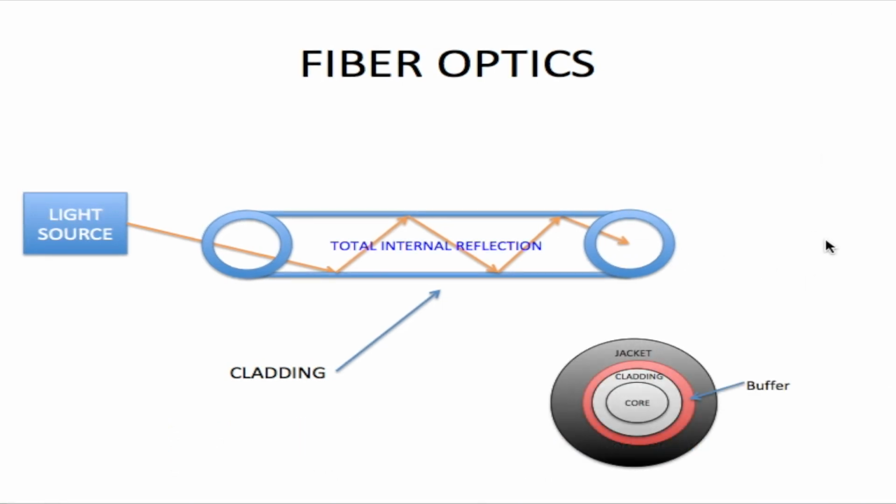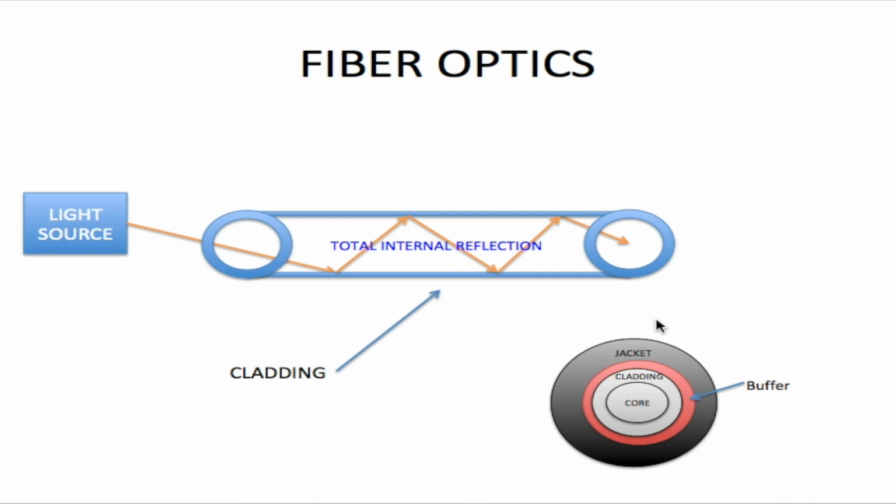Okay? On this slide, we have the cable we've just talked about with the core and the cladding. We talked about total internal reflection being the way in which the light is reflected right through the cable until it gets to the other end. Now what we have under here is another diagram just demonstrating the additional layers.